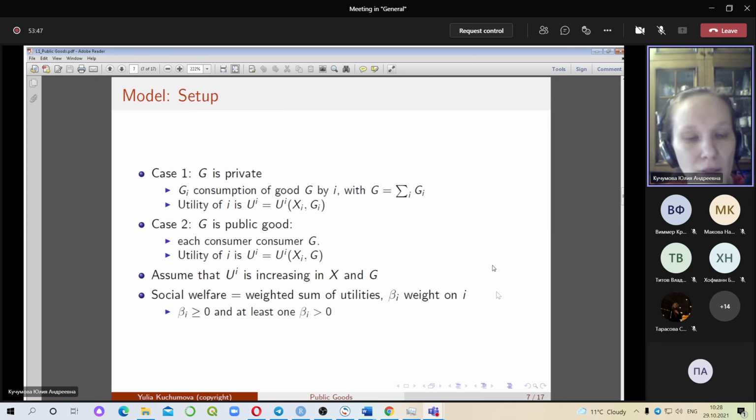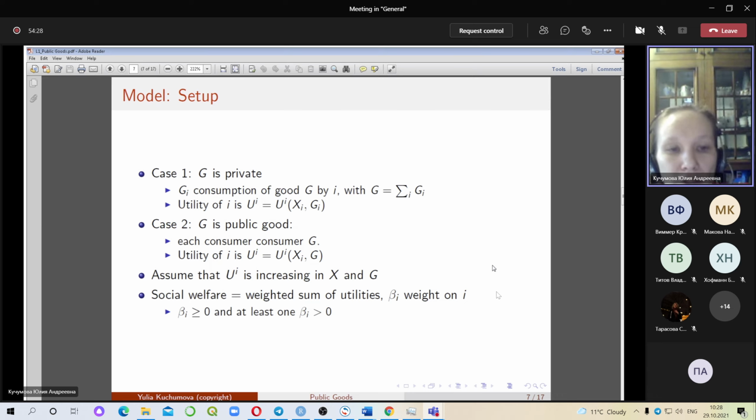And then we will consider a second case, and we will presume that good G is a public good. So in the first case, we will denote by g_i the consumption of good G by consumer i, similar to good X. And G without any index will denote the total quantity of good G in the economy, which is the sum of g_i over all individuals. And then the utility of consumer i depends on x_i and g_i, so it's his or her own consumption of x_i and own consumption of good g_i.